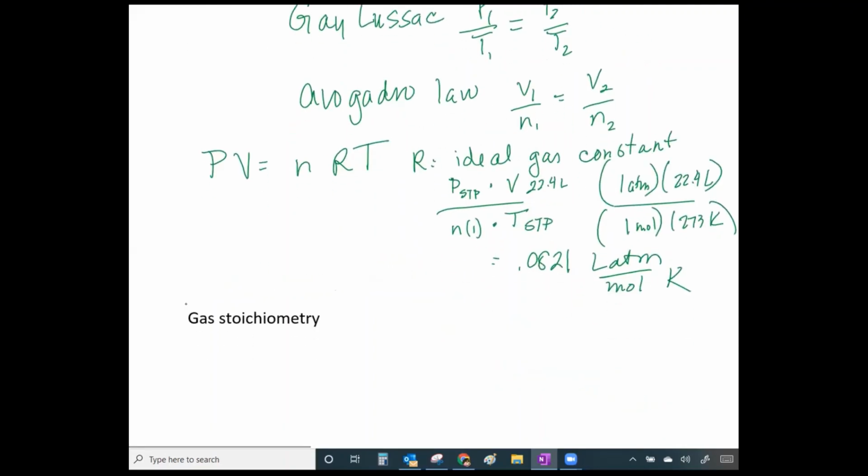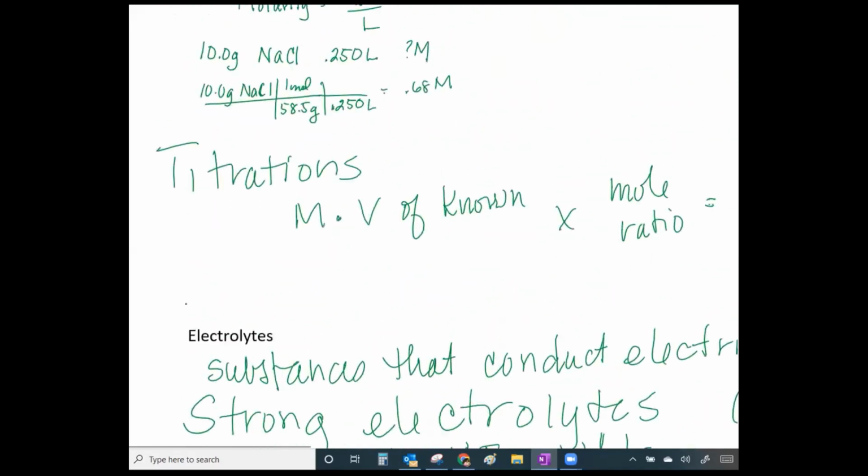Okay, gas stoichiometry. I'm going to go back up to the mole map, or the mole bridge.